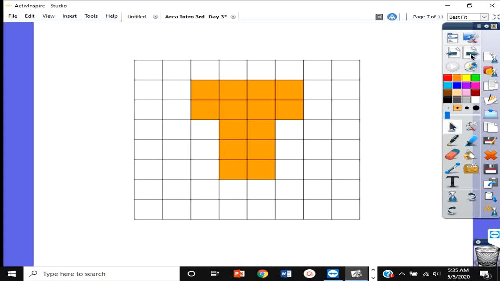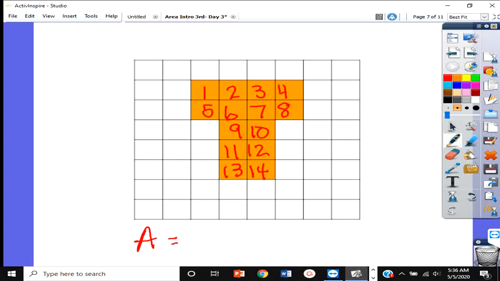Well, let's take a look and see how many squares it takes to cover that polygon. 1, 2, 3, up to 14. It took 14 squares to fill that shape.